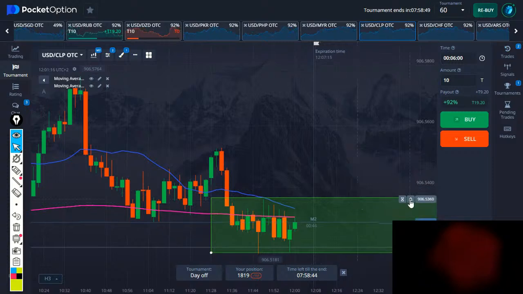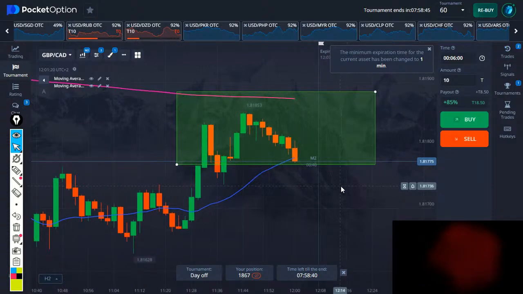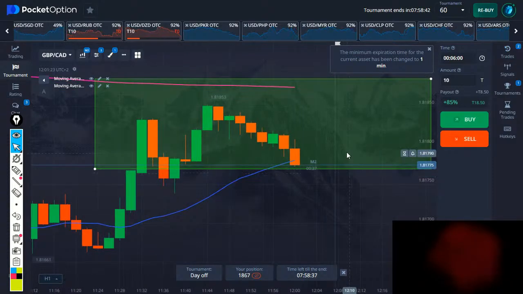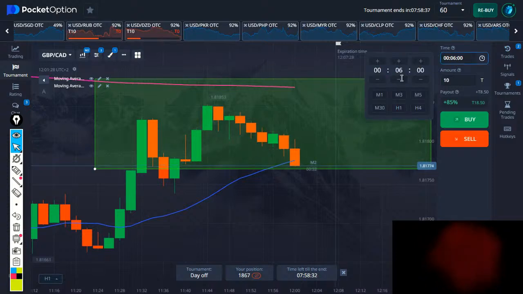I'll take a buy if it pushes from the... We have a signal here. Nice. Let's see. I need a close, strong close. I'll give it 4 minutes.